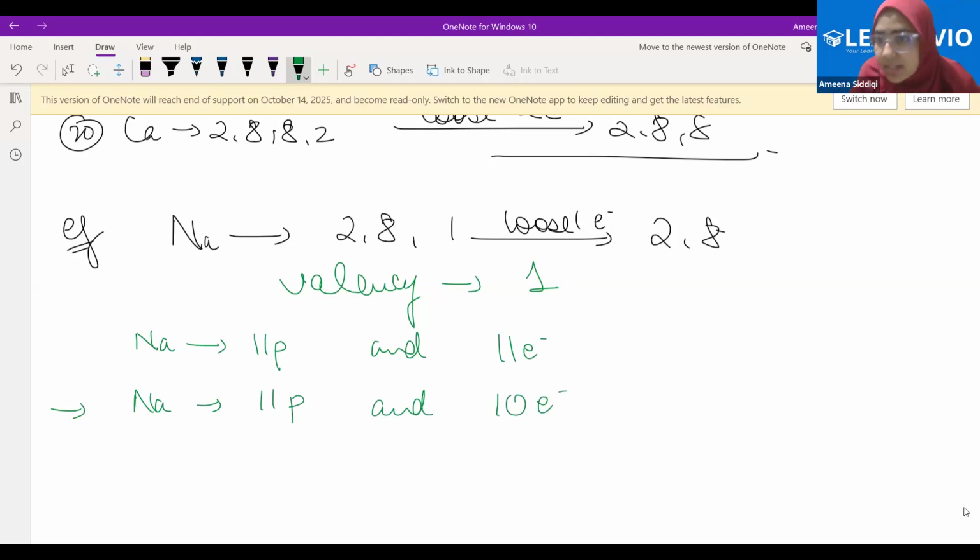So it will now have 10 electrons, right? In the first case, 11 electrons are neutralizing the 11 protons. Therefore, there is neutral charge on the sodium atom. But in the second case, 10 electrons will be able to neutralize only 10 protons. 1 proton's charge will still be left unneutralized. Yes or no?